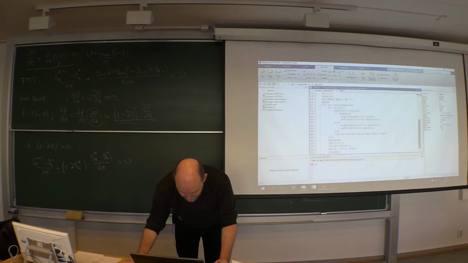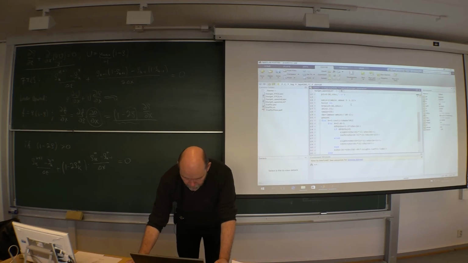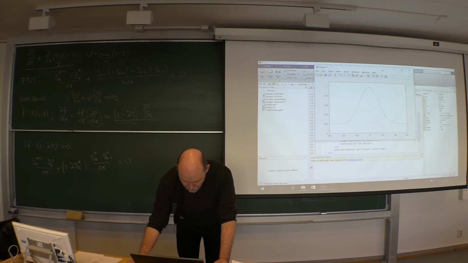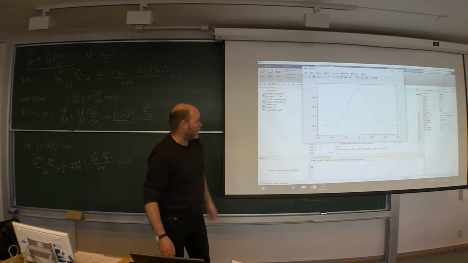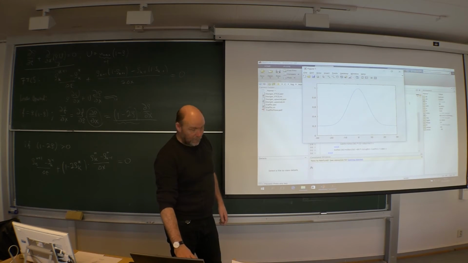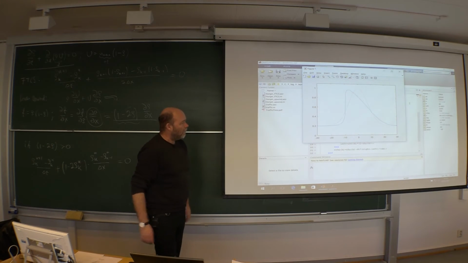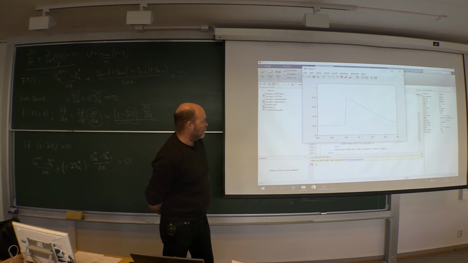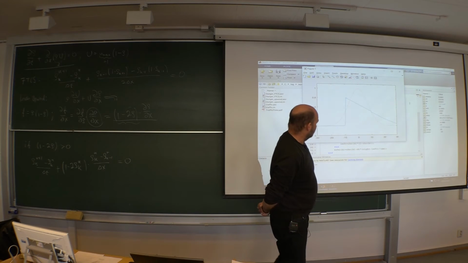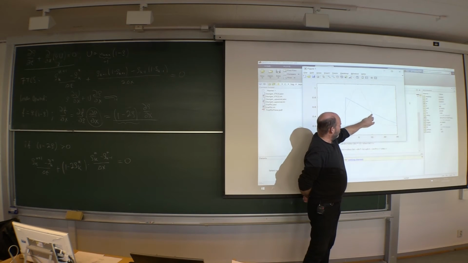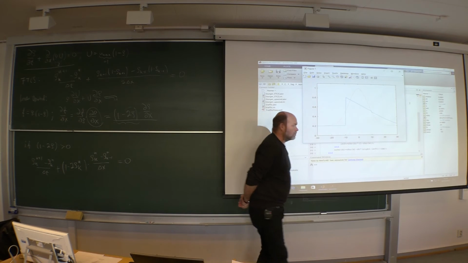So let's try that one. That's the initial state, and then we let go. Yeah, it looks quite stable actually. A little jump here, that was a little strange.